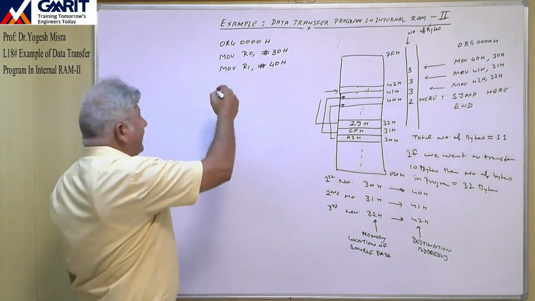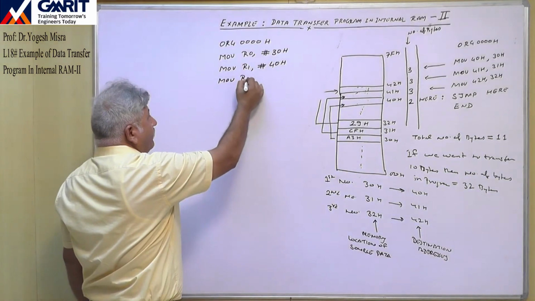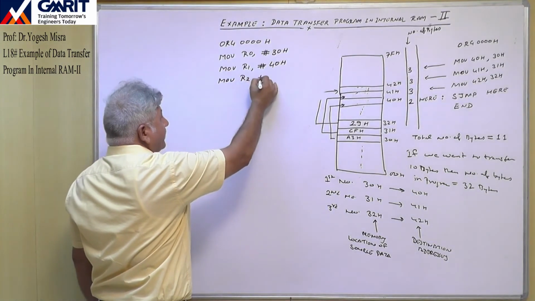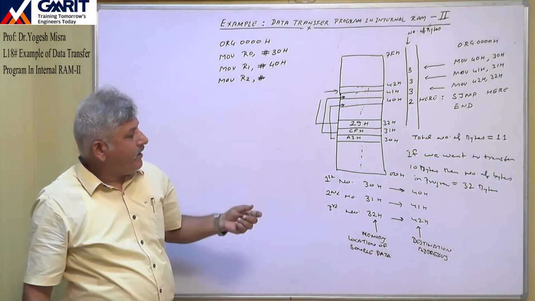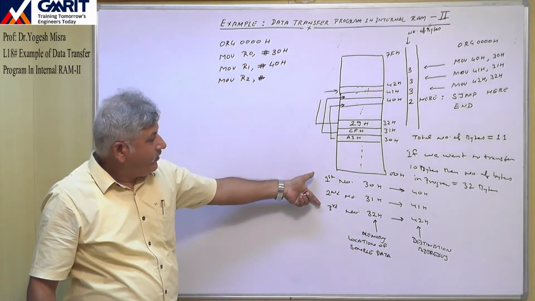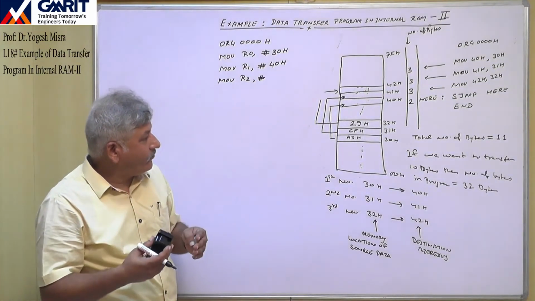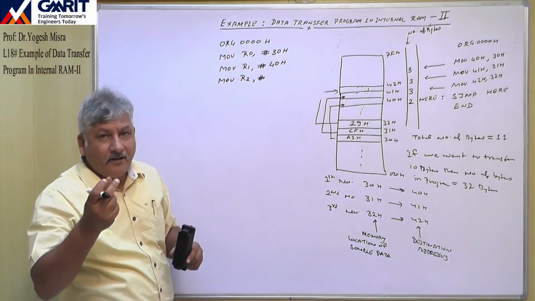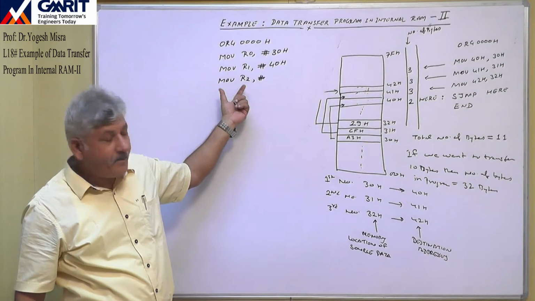Now I will use another register. Now MOV R2, #. Now in R2 register I will load that number for how many bytes we want to transfer. That many bytes we have to write in R2 register.